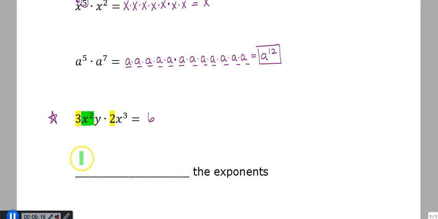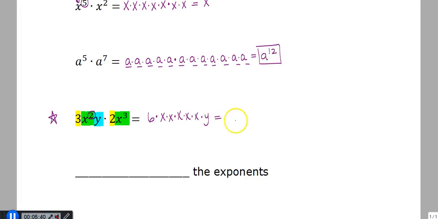We have a base x here, and we have a base x here. This tells us that we have 2 x's. If I multiply that to what I have over here, then I'm going to add 3 more x's. In addition to that, we have a y, so I need to multiply that as well.